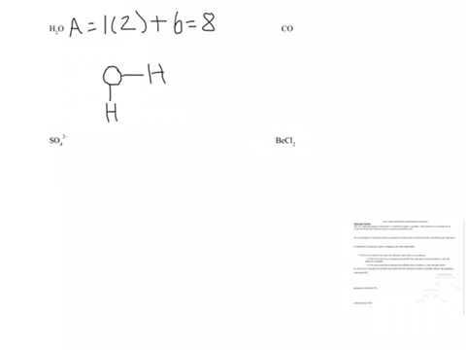For the hydrogen here, this line represents 2 electrons, so this hydrogen has 2 electrons around it. It's happy, because remember, hydrogen is an exception to the 8 octet rule. This hydrogen here also has this bond right next to it, so there's 2 electrons around it.